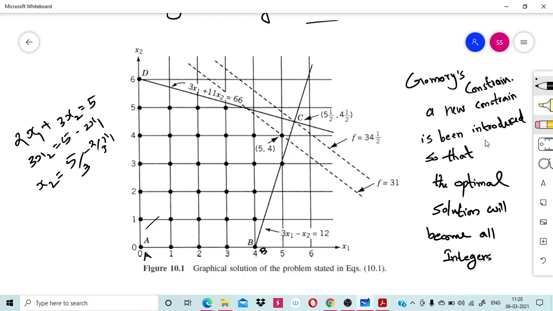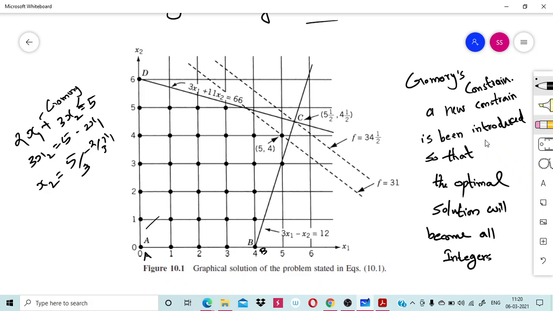Suppose this is the Gomory's constraint that we introduce, something like 2x1 plus 3x2 less than or equal to 5. This is nothing but a line equation, so Gomory's cutting plane, or cutting line, in two decision variables.